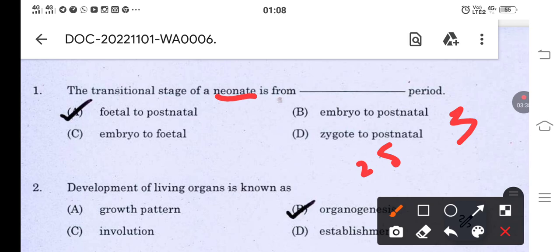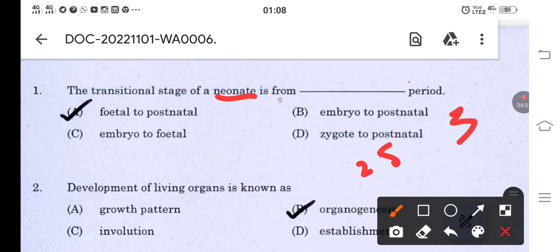This stage is also known as the postnatal stage. During pregnancy it is known as the prenatal stage, and once the child is born, we call that the postnatal stage. So from conception to childbirth, it is the prenatal stage. After childbirth, the first 6 weeks we call the postnatal stage.